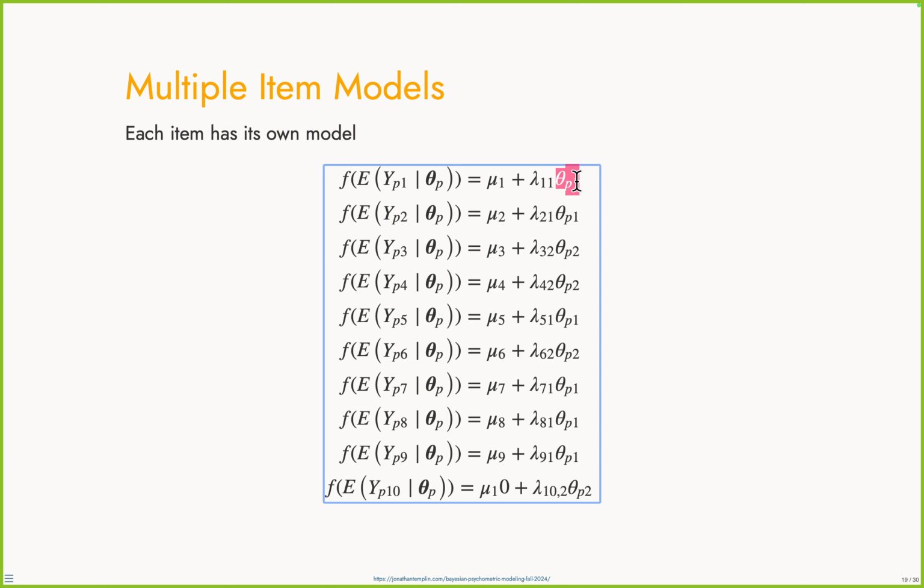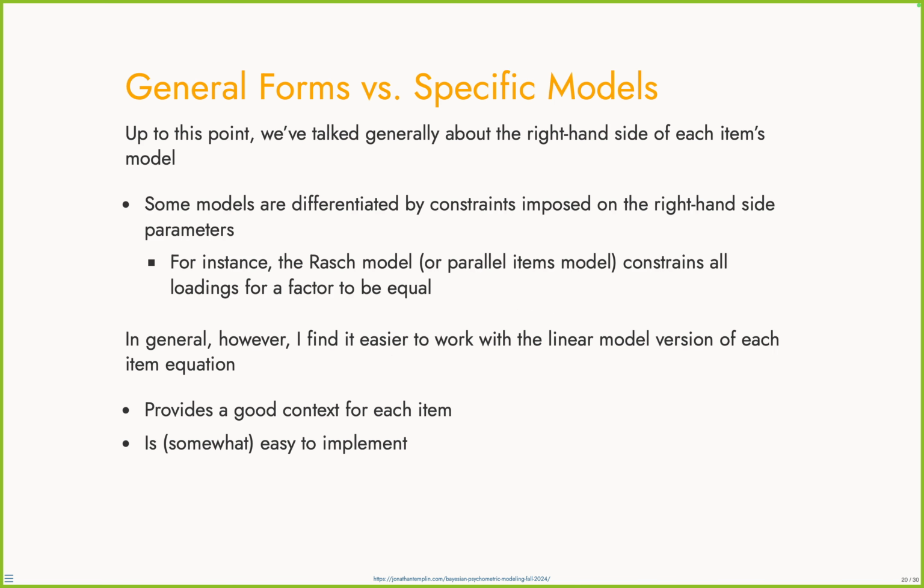That would be one version of it. A parallel items model in CFA is one where we also have all the loadings equal and also the residual variances equal. So these models, and the terms, can be differentiated by mathematical constraints on this side. I wanted to stop and say that.